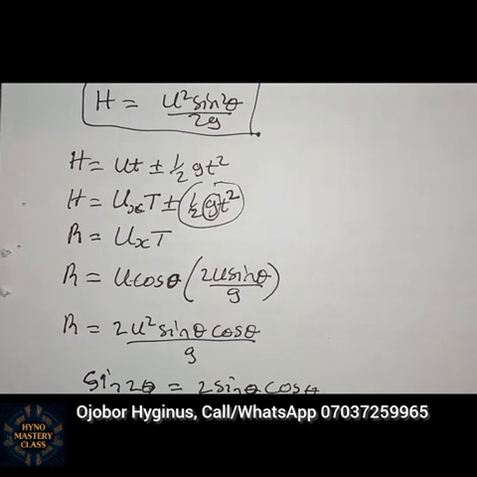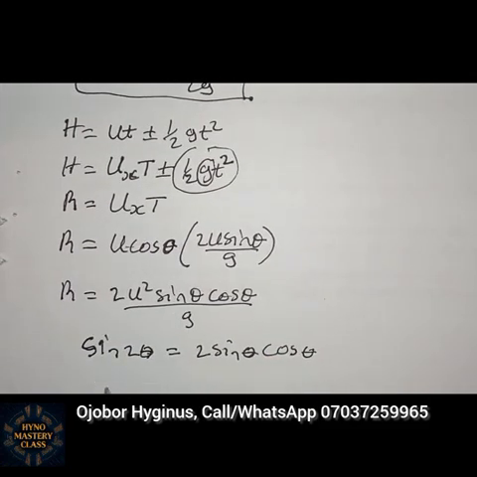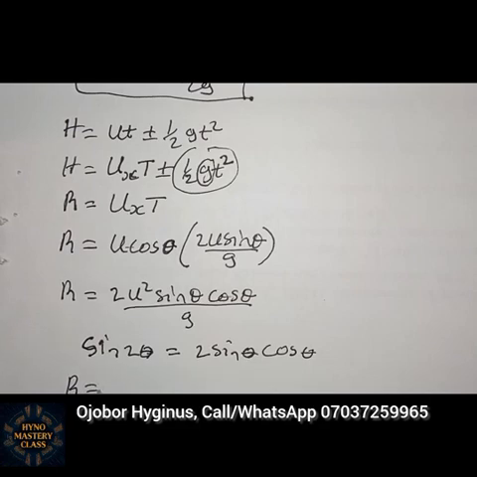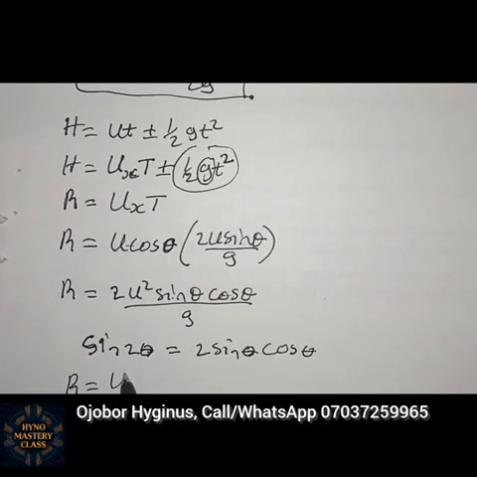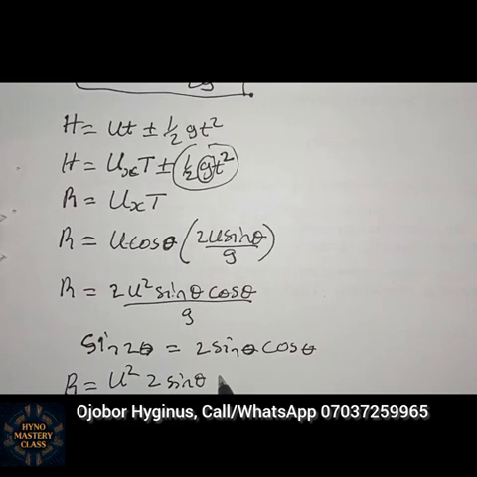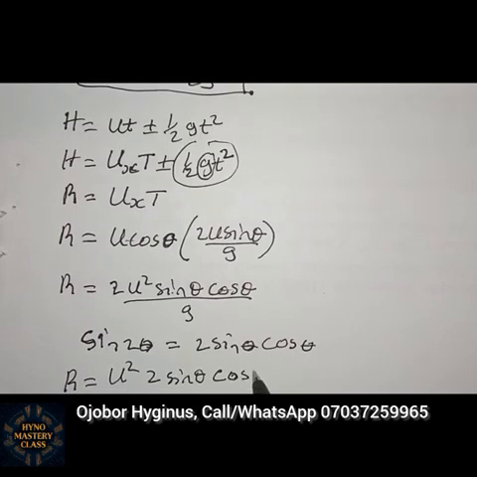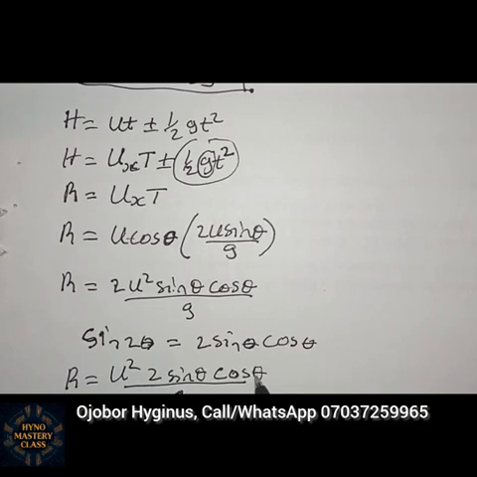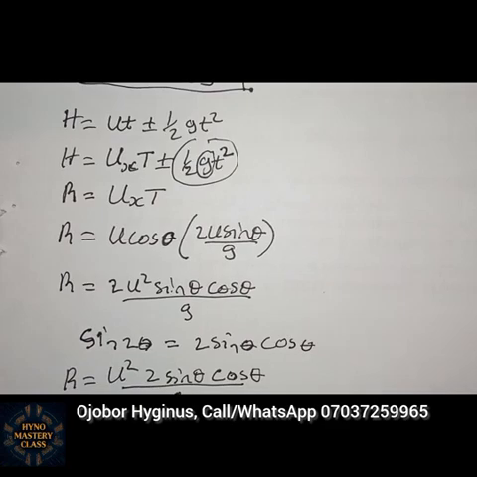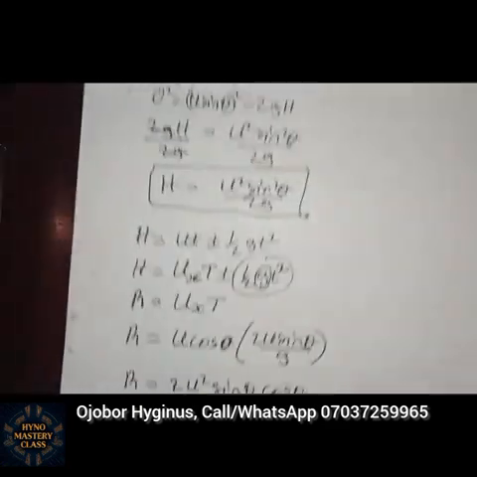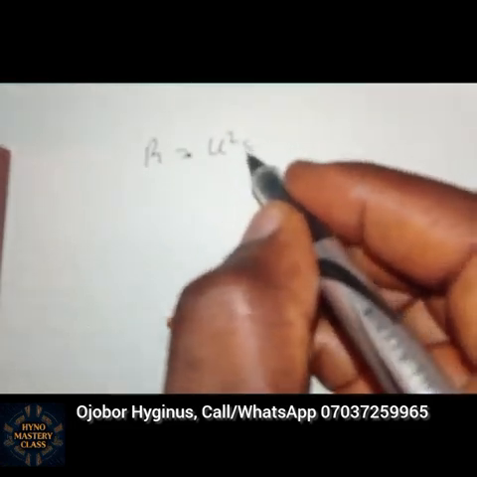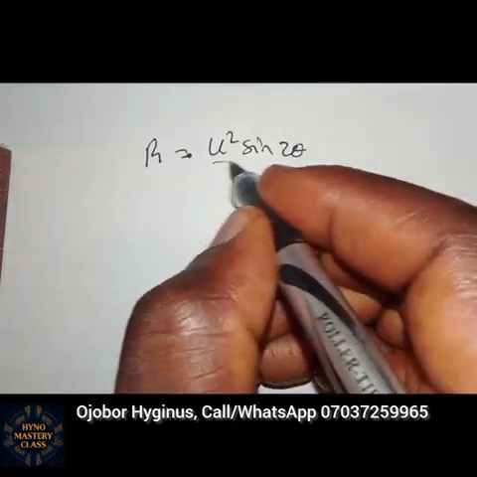So if we know that relation, then we can now say that our range can be rewritten as u squared times 2 sin theta cos theta all over g. So these 2 sin theta cos theta, we can replace with sin 2 theta, so that our range becomes r equals u squared sin 2 theta all over g.